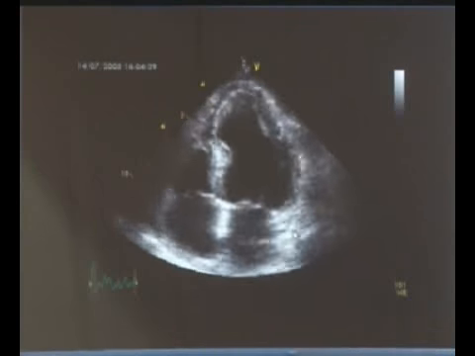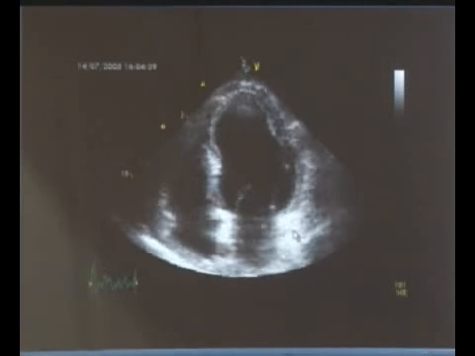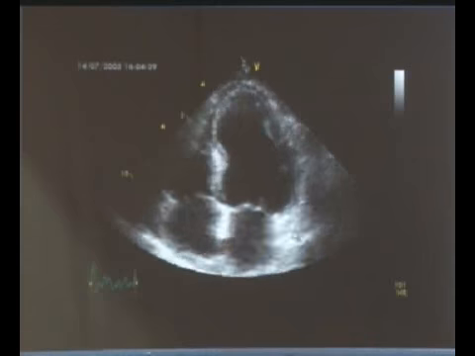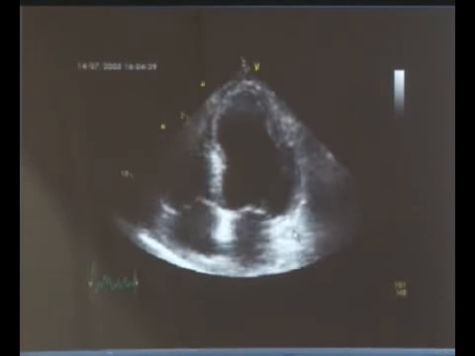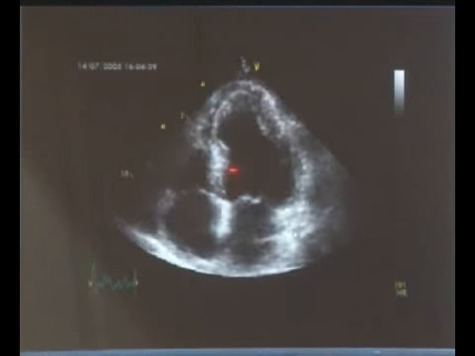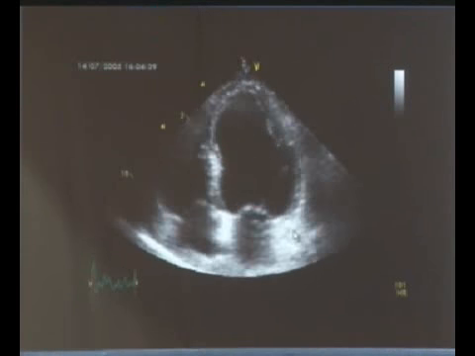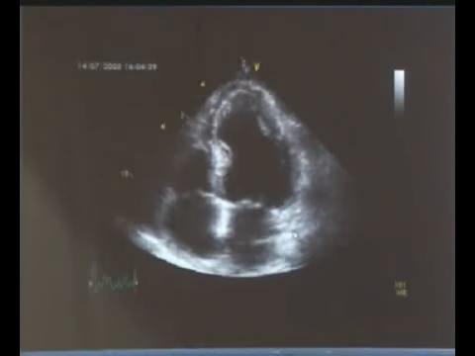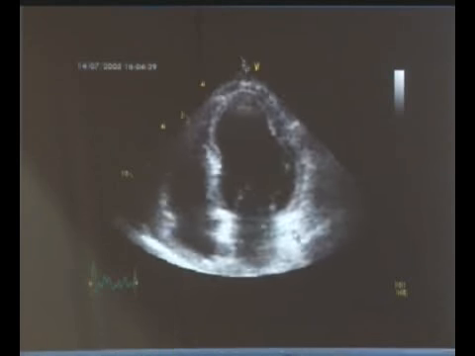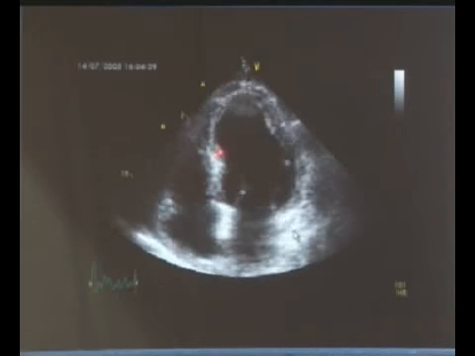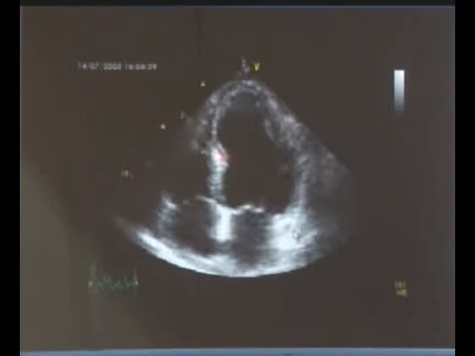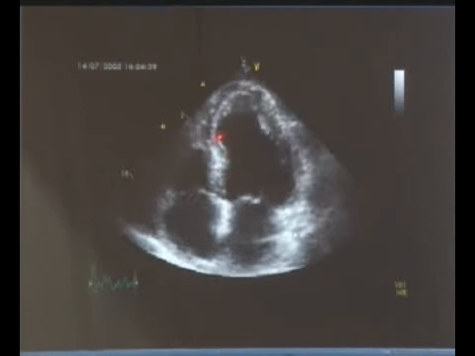Let's look at this echo picture again. Now what happens to this basal septum? Hypokinetic, right? How about this mid septum? Normokinetic. How about this apical septum, this part?